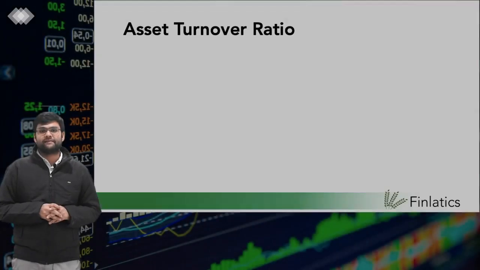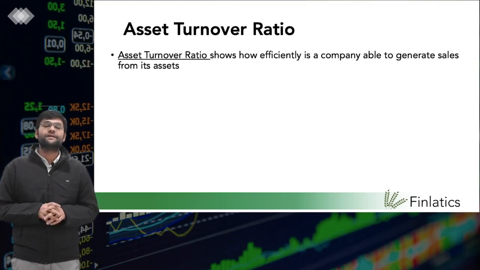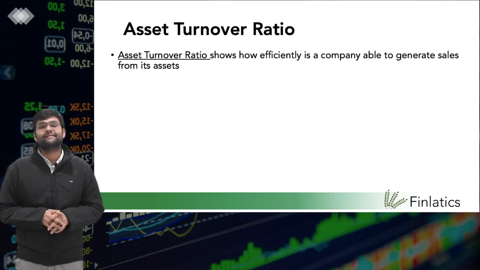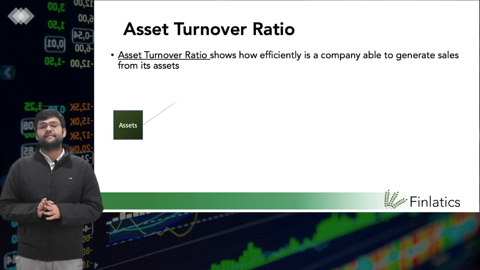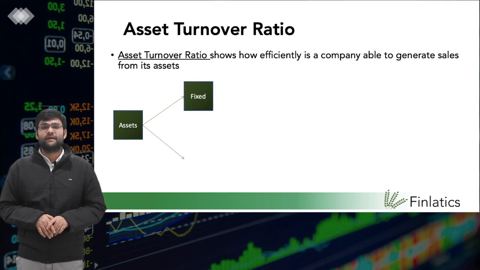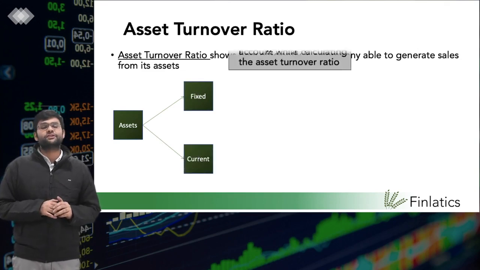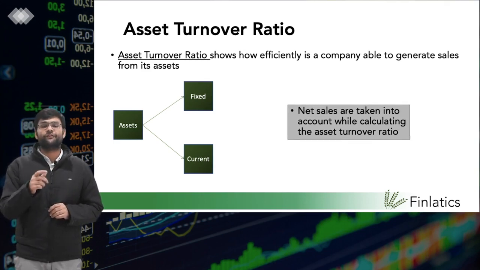Like the fixed asset turnover ratio, the asset turnover ratio also measures how efficiently a firm is able to utilize its assets to generate sales. Assets are of two kinds, fixed assets and current assets. The fixed asset turnover ratio takes into account only fixed assets while calculating the efficiency of the firm.